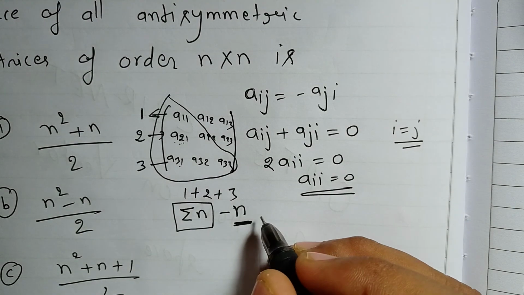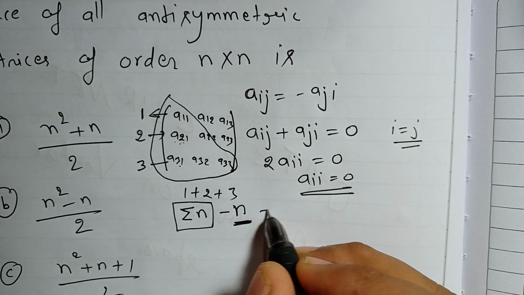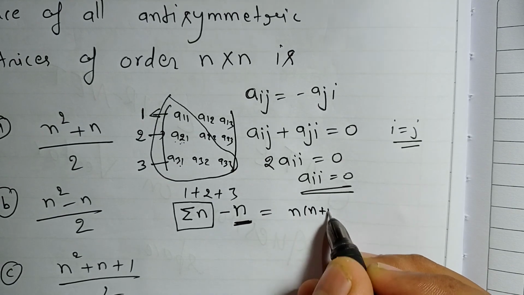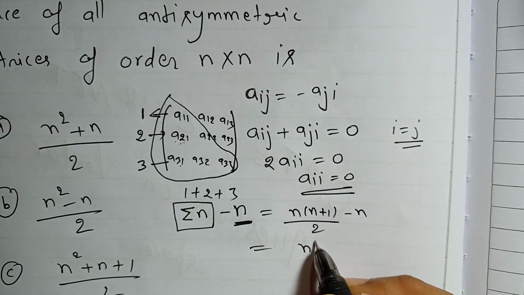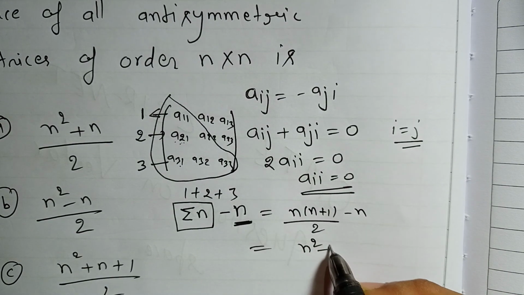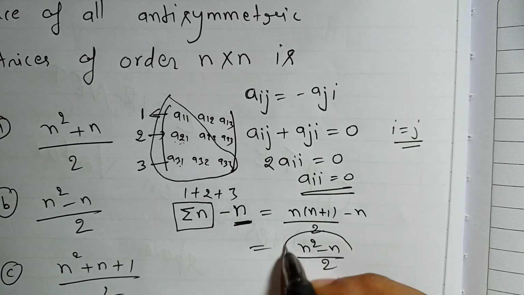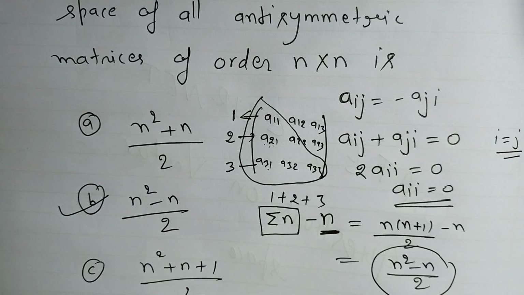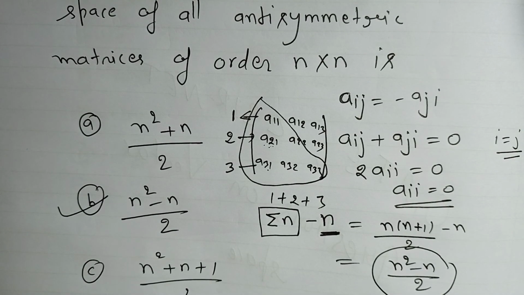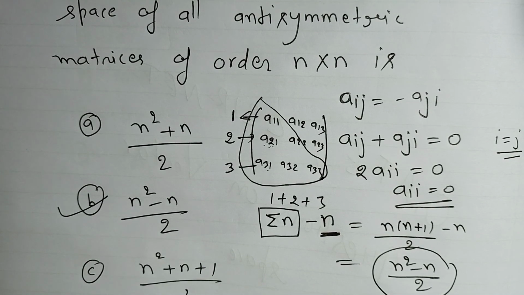So summation n minus n, this will be n into n plus 1 by 2 minus n. So this will be n square minus n by 2. So the answer is n square minus n by 2. So here B option is correct. I hope you understood this problem.